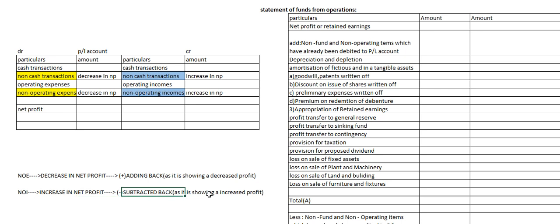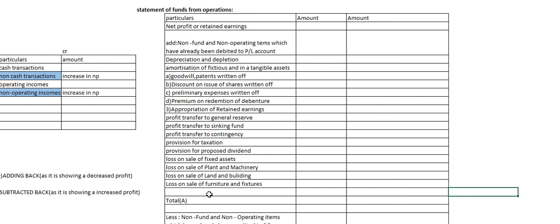So let's move on to the funds from operation format. So you first start with net profit or the retained earnings. Retained earnings is nothing but the profit of the company that has been raised after deducting the dividends or other amounts which are paid to the investors. So you start with net profit if it's given in the question, or you start with retained earnings.